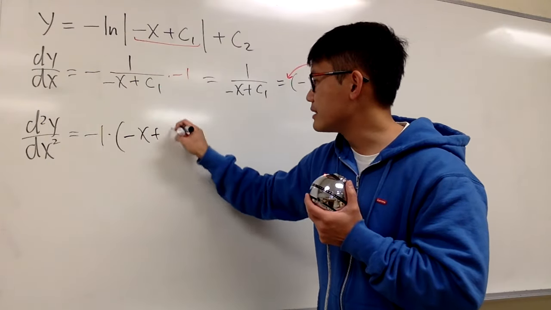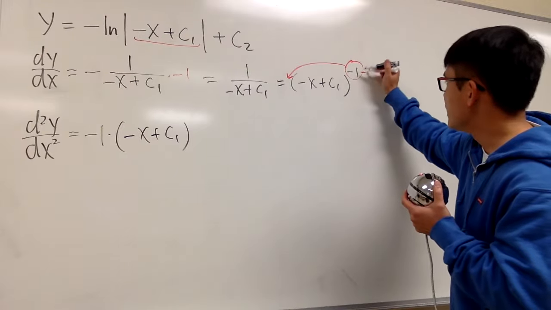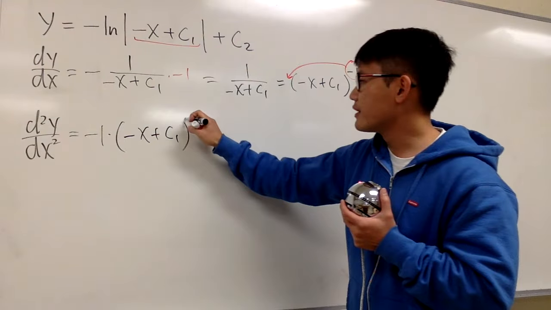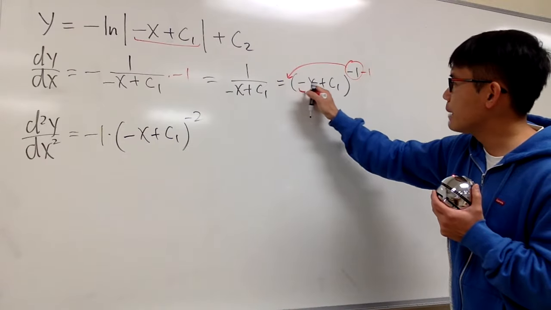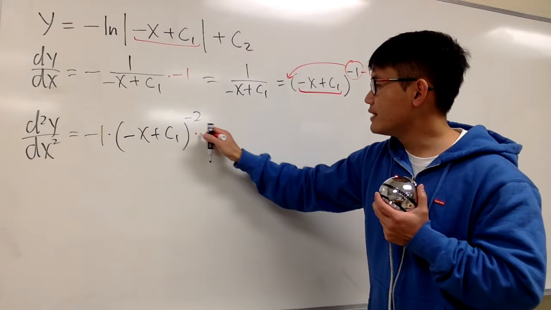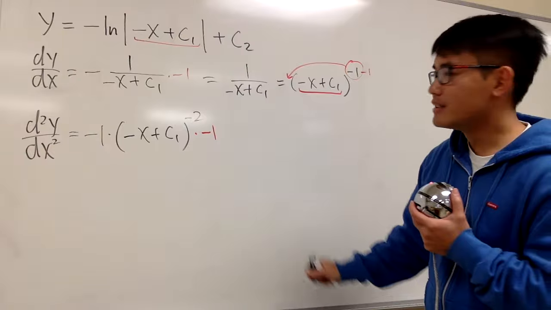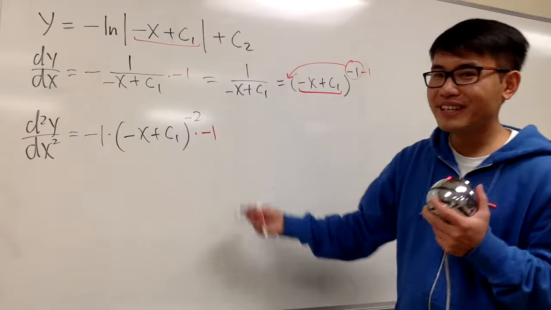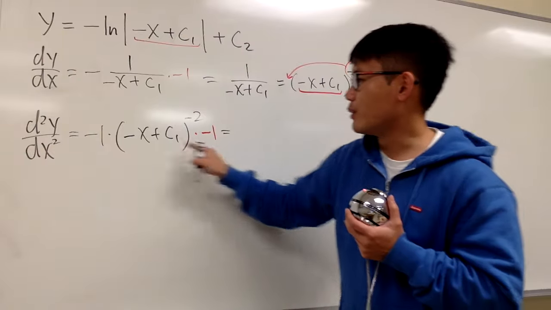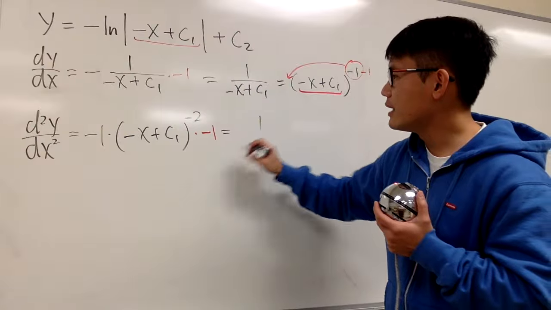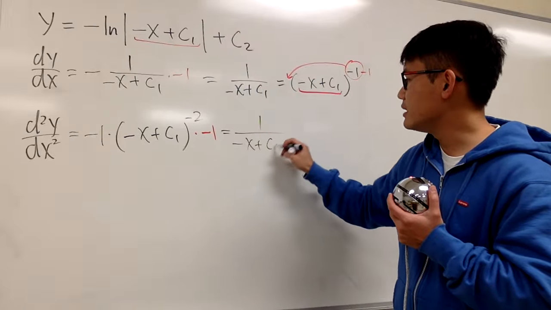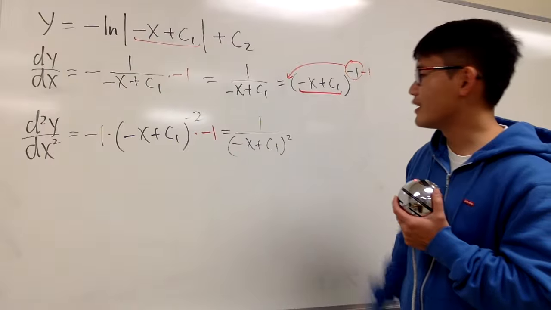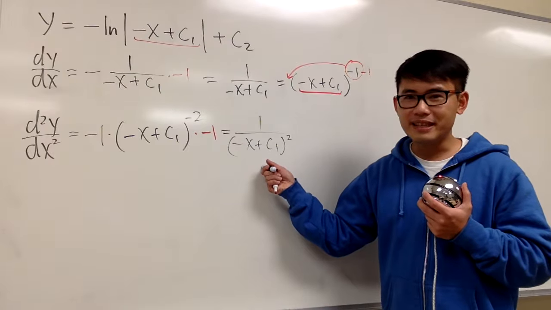Negative x plus c1. And don't forget to subtract 1 from the power, so we have negative 2. And once again, the chain rule says we have to multiply by the derivative inside. We will once again have to multiply by negative 1. So this is the second derivative, and all in all, you can multiply this, we get positive 1. Bring that down to the denominator, you have negative x plus c1, parentheses, square. This is the second derivative.